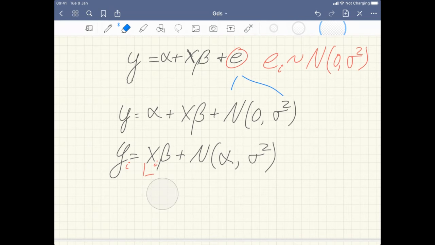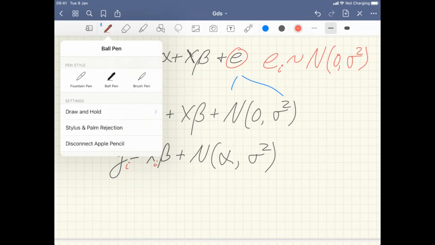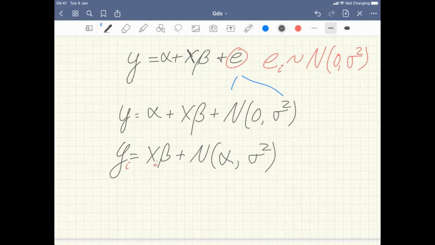So, because I can think of these things as a constant for any individual observation, where I can see x, I can then write y, and let's just say for a single observation, is going to be equal to a normally distributed value, where you have alpha plus x beta for the mean and sigma squared as your error term or your dispersion.